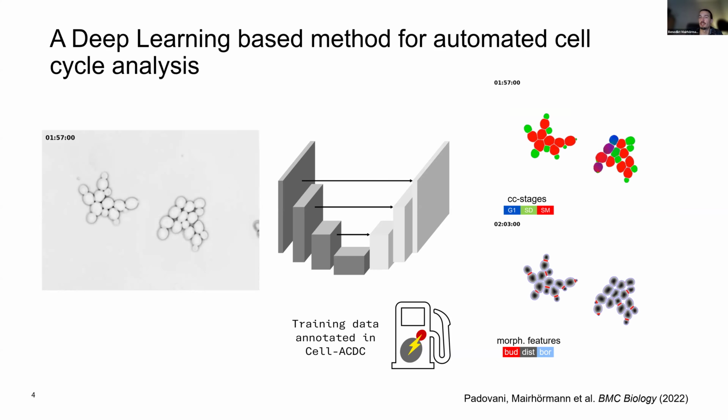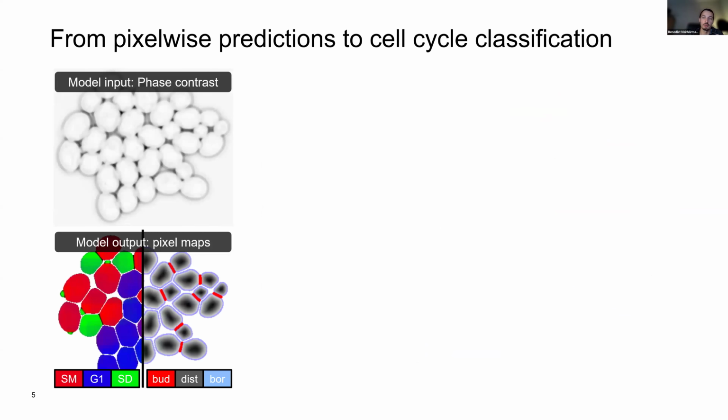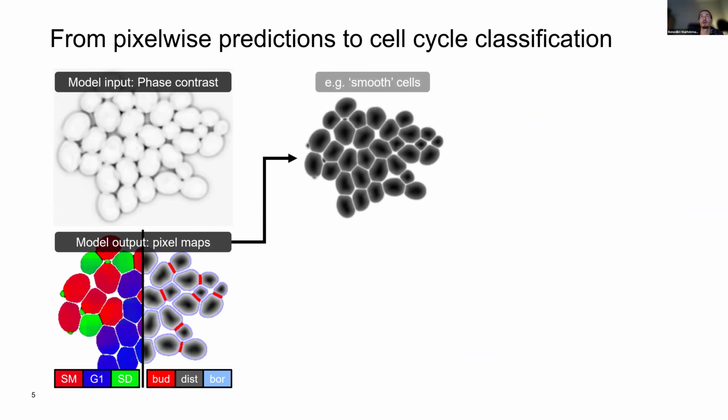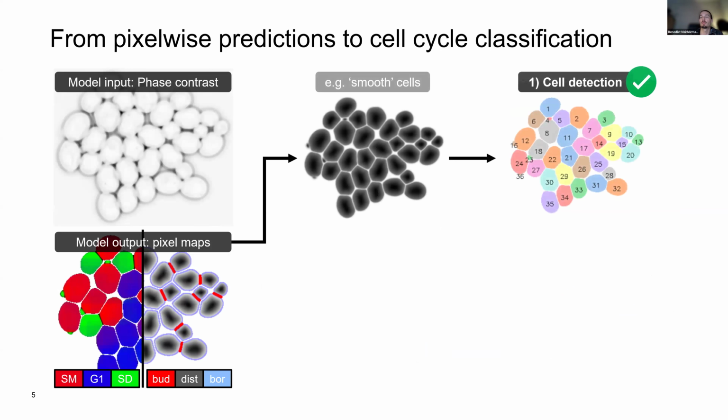But this doesn't really solve our problem, right? Because now we only have nice-looking videos, but we want to actually go into cell cycle analysis. So the method is not yet complete. We need to take those pixel maps and, in post-processing, transform them to actually solve the tasks that I was mentioning earlier. Cell detection is done by some post-processing.